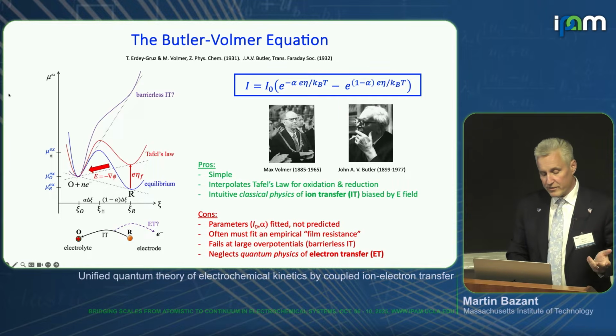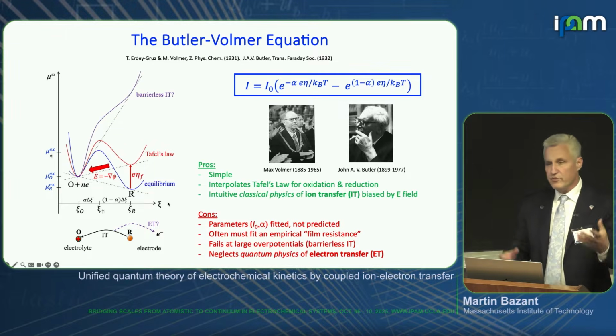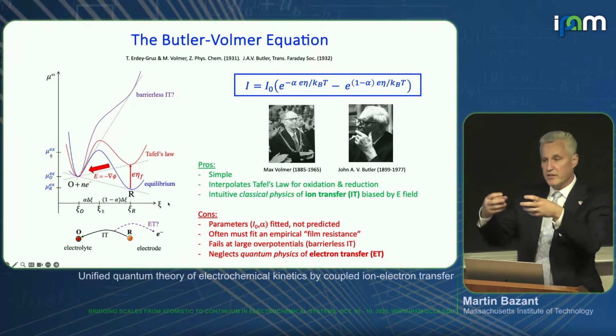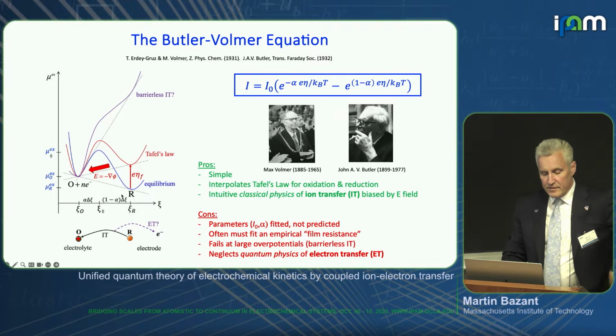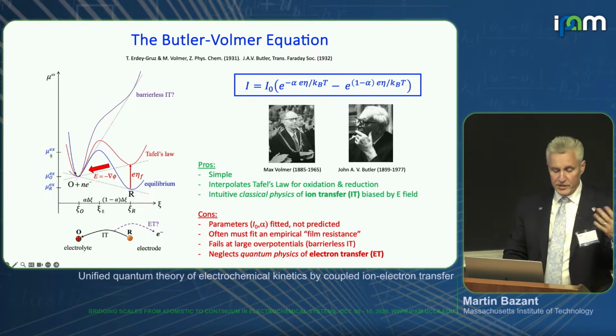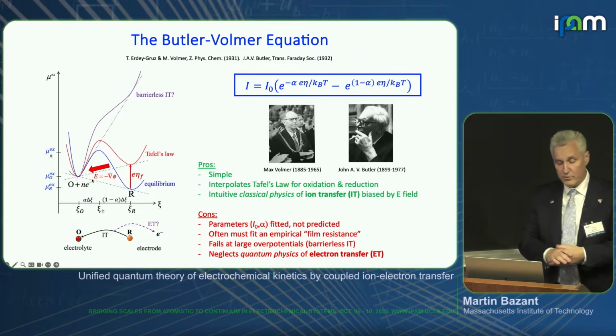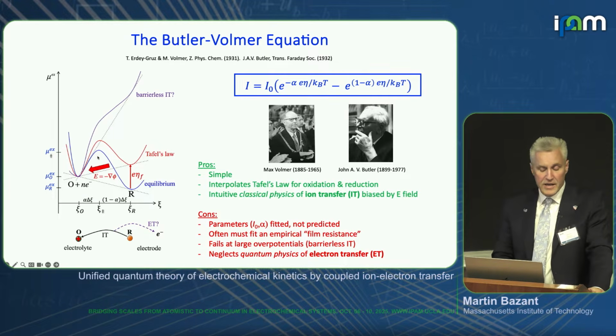So one way you might see it derived in some textbooks is to say, well, if you have some reaction coordinate, which might be something like the position of an ion or maybe a bond which is being broken, some collective variable, there's a notion of the molecular configuration in the oxidized state and the reduced state. In the oxidized state, you also have some electrons, which are going to be transferred in that reaction.